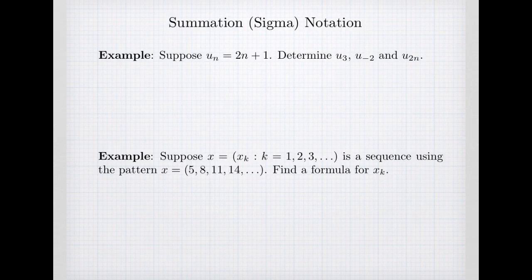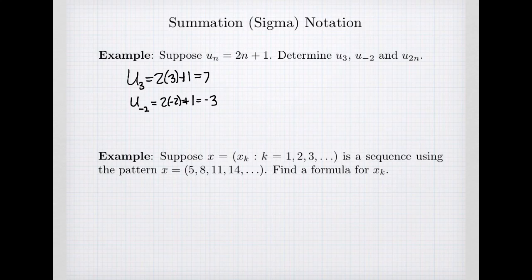On the previous slide we identified that u subscript 3, which was 2 times 3 plus 1, gave me a value of 7, and I can also find u subscript negative 2. My index is negative 2, so 2 times negative 2 plus 1 gives me a value of negative 3.